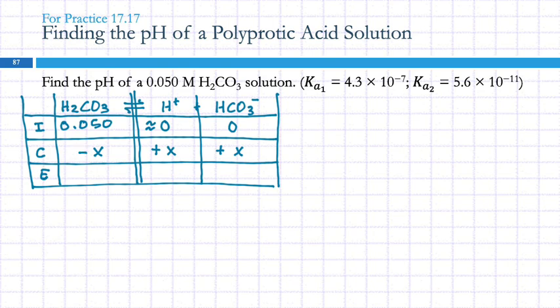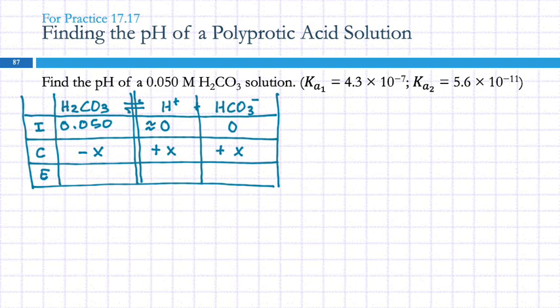The exam coming up is on chapter 17, but also on chapter 16. And if you remember back in chapter 16, there were a lot of things where the coefficients were not 1, right? And so then if we're looking at the changes, we have to consider that coefficient. If this was a 2 here, then it would be changing by 2x, and then when we write the equilibrium expression, we have to square things, right?